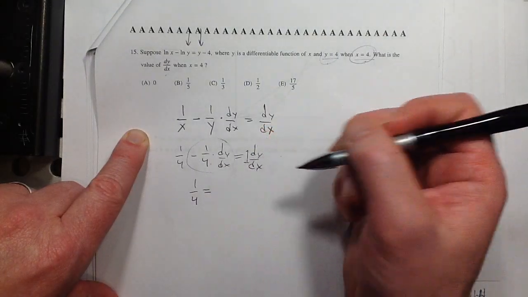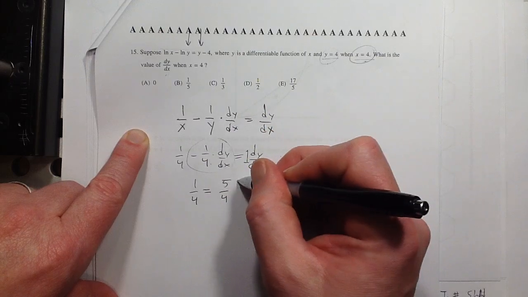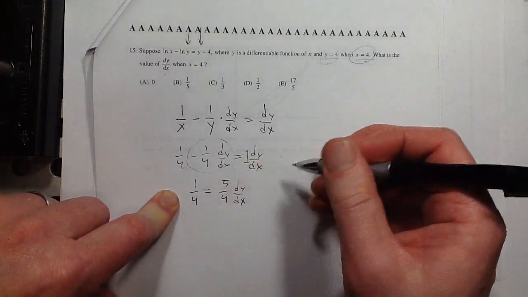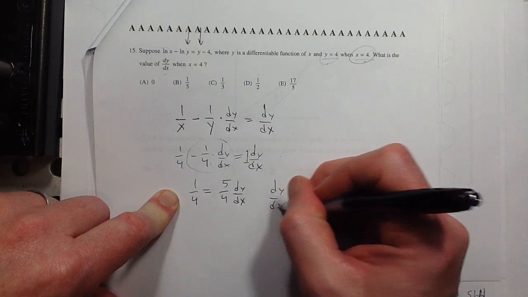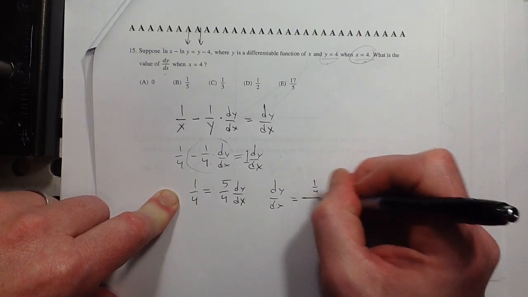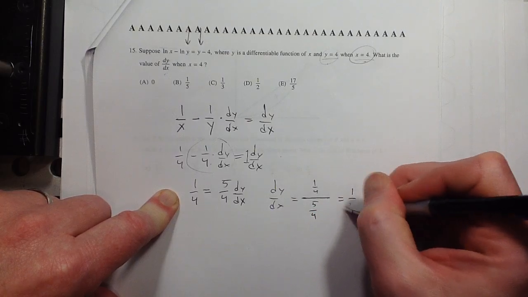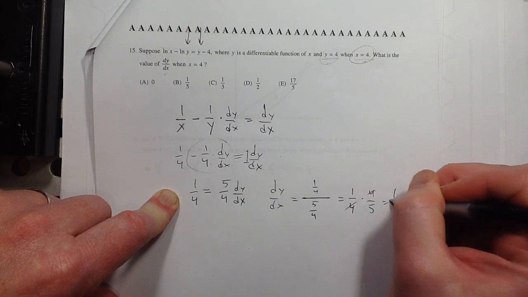This is a whole dy/dx plus 1/4 of a dy/dx, which is 5/4 of a dy/dx. Then if I divide over to the other side, dy/dx is equal to 1/4 over 5/4, which is the same as dividing by a fraction, like multiplying by its reciprocal. That's 1/5.